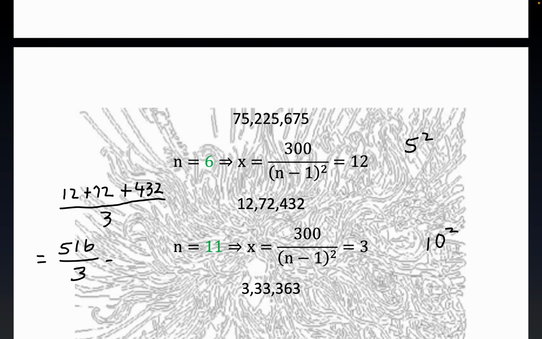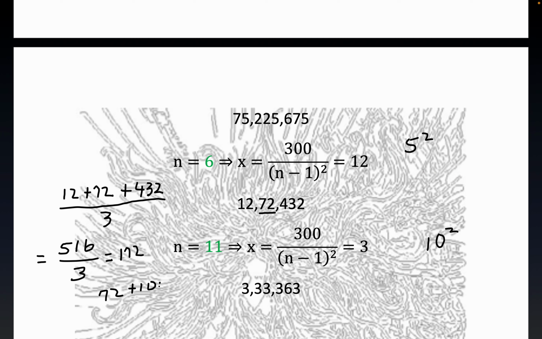So this is 516 divided by 3. But what does that equal? That is equal to 172. But you see that the middle term here is 72. But remember the condition had to be 72 plus 100. So you can see that meets the condition of the problem.